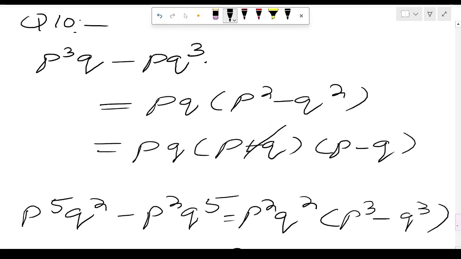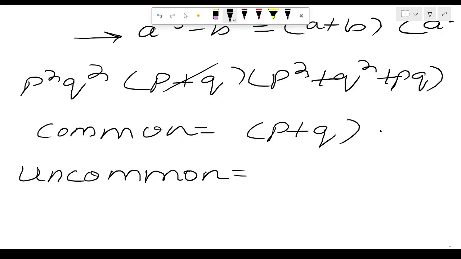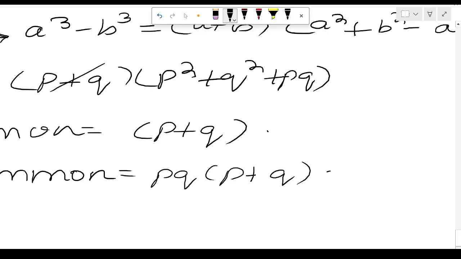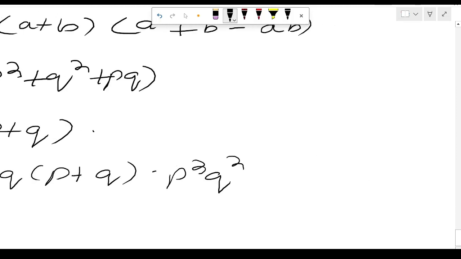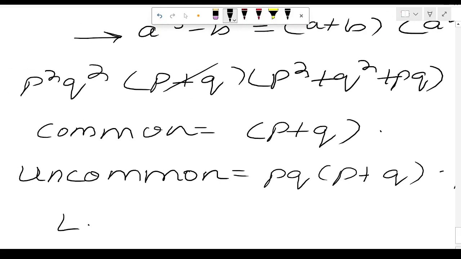So we will have pq bracket p minus q, and we will also have p square plus q square plus pq. So I can just write pq bracket p plus q, and then we're gonna have here p square q square, and then inside we're just gonna write p square plus q square plus pq.